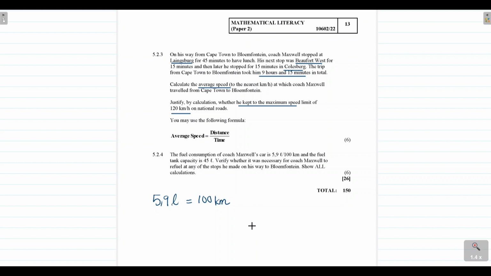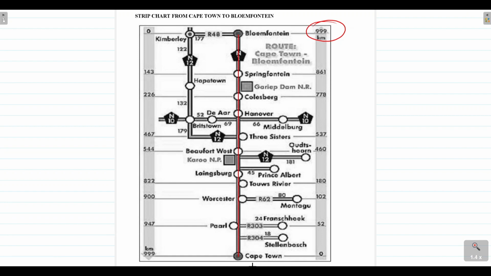So at this point we need to determine how many liters of petrol he consumes when he travels from Cape Town to Bloemfontein. We already know that the distance from Cape Town to Bloemfontein is 999 kilometers. So now using this 999 kilometers, we need to determine how many liters of petrol he will go through as he travels to Bloemfontein from Cape Town.